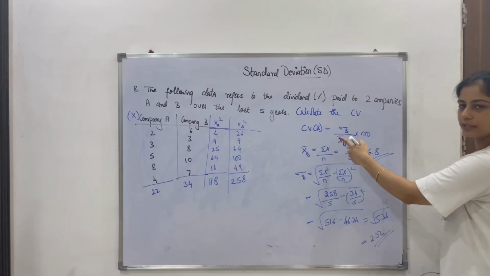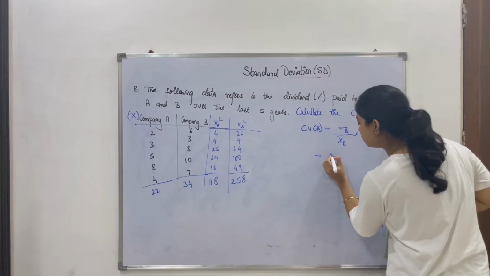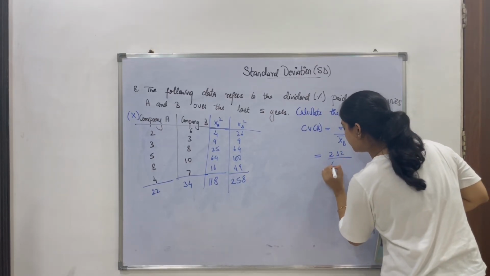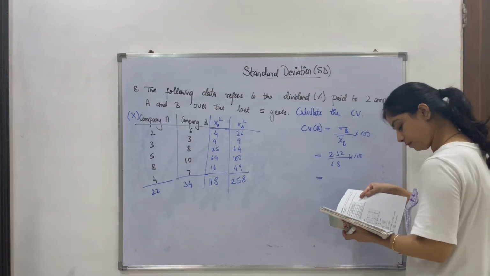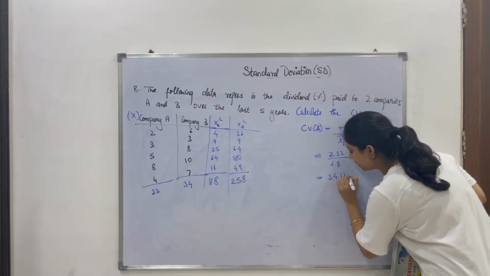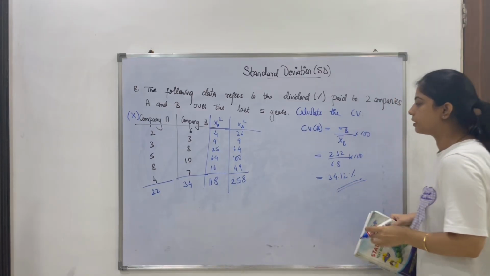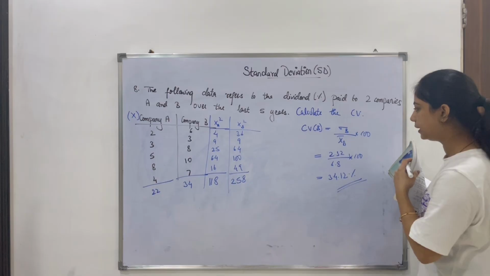Let us calculate this into the CV formula and get the CV of B. 2.32 divided by 6.8 into 100, which is 34.12%. Now this is the CV of B. CV of A was 46.8%.